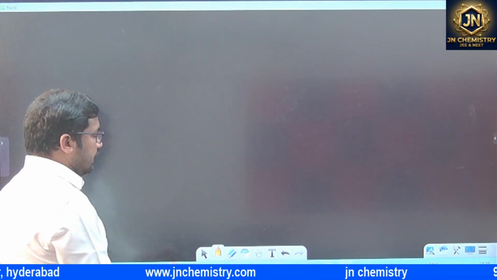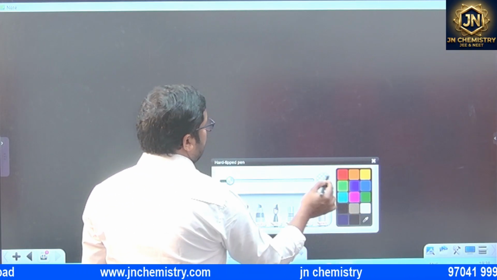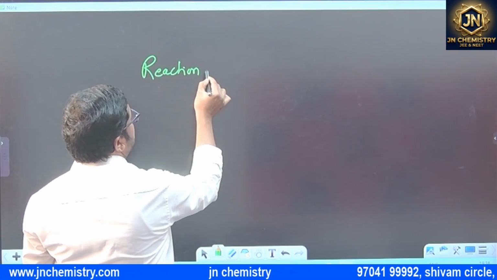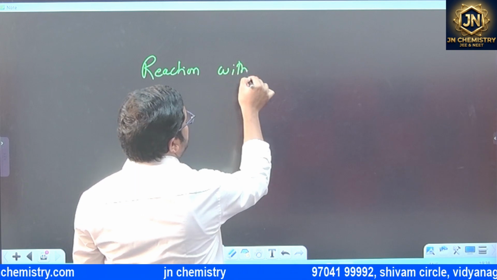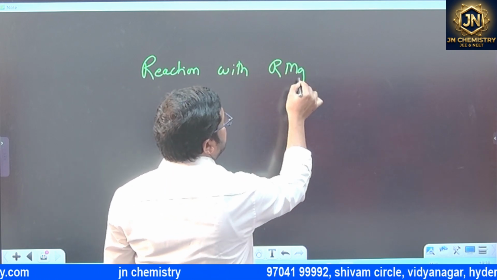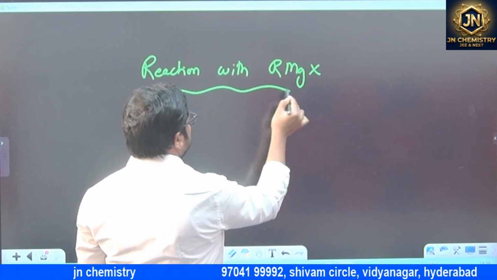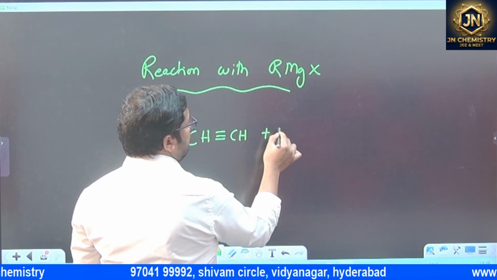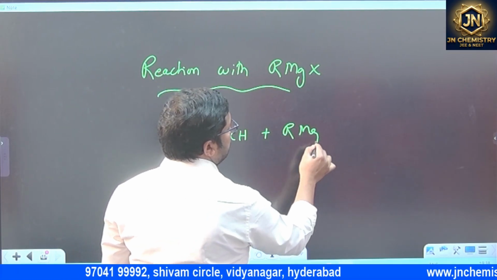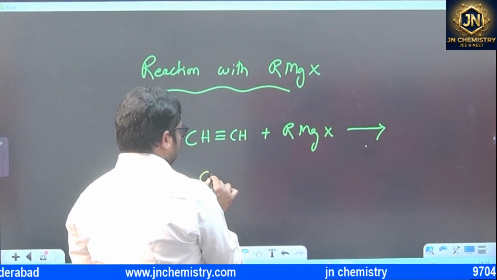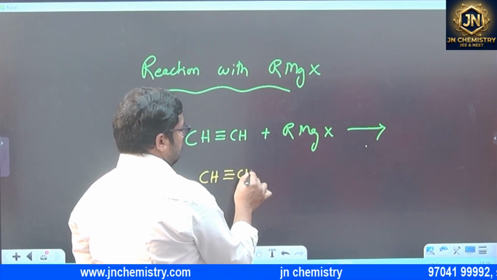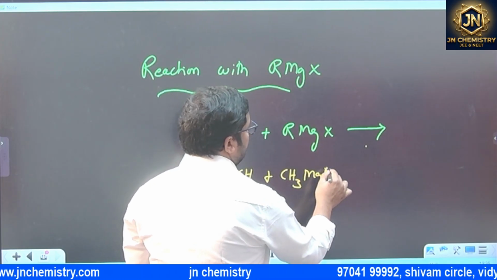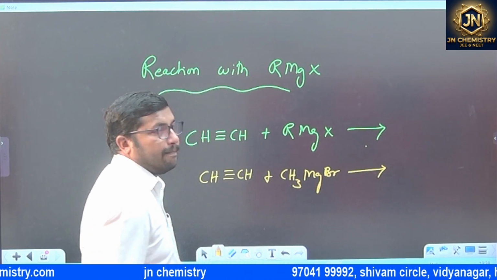Next, reaction with Grignard reagent. Reaction with Grignard reagent, RMgX. CH triple bond CH plus RMgX. What would be the product, Nana? CH3MgBr, for example.